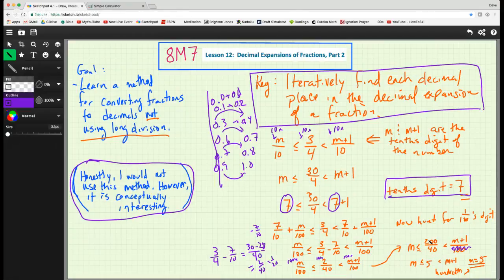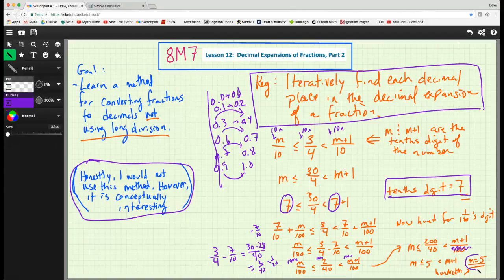If we simplify this, it's simply the number 5. m is less than or equal to 5 is less than or equal to m plus 1. Well, m has to then be 5. It can't be 4, can't be 6. It has to be 5.